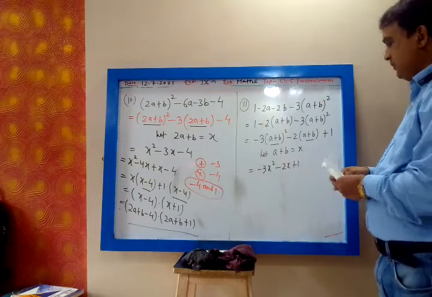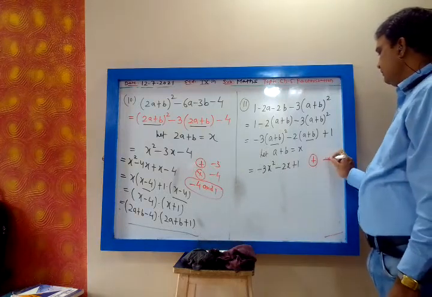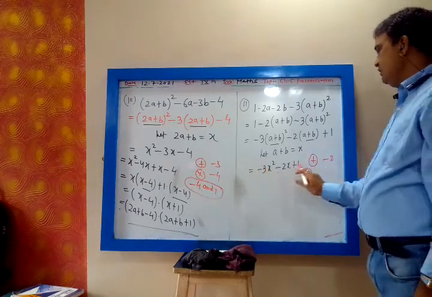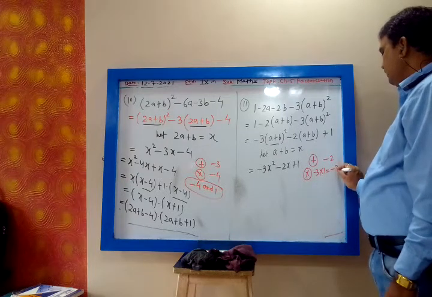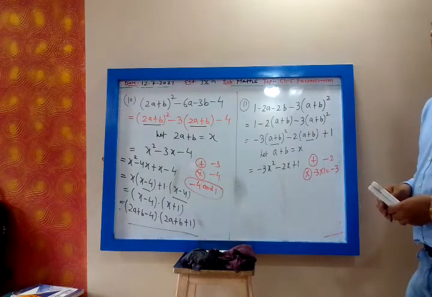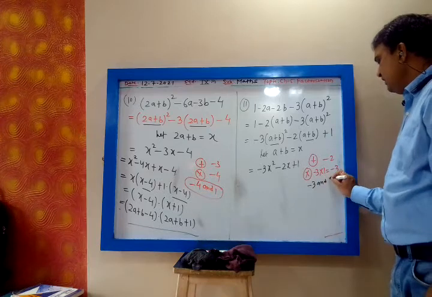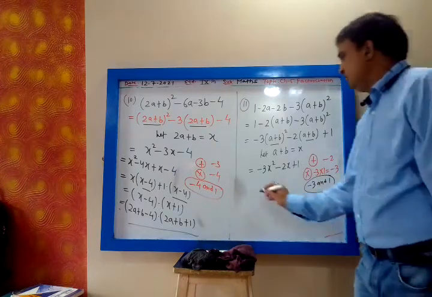So find two numbers whose sum is minus 2 and product is minus 3 into 1, that is minus 3. So minus 3 and 1. When you add, you will get minus 2. When you multiply, you will get minus 3.